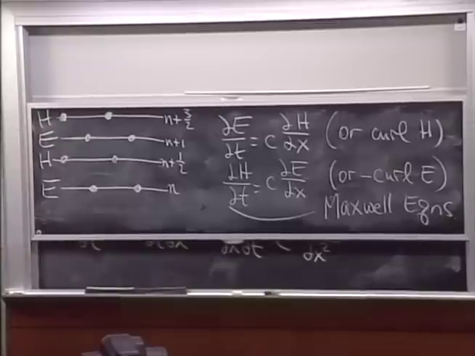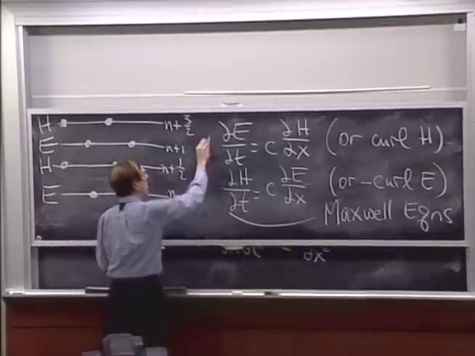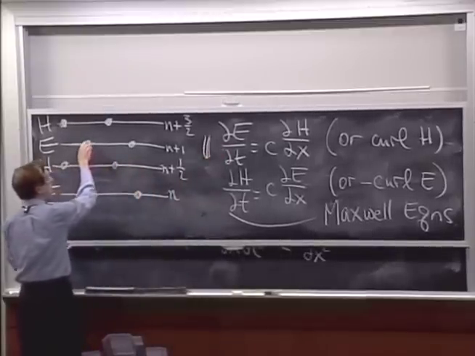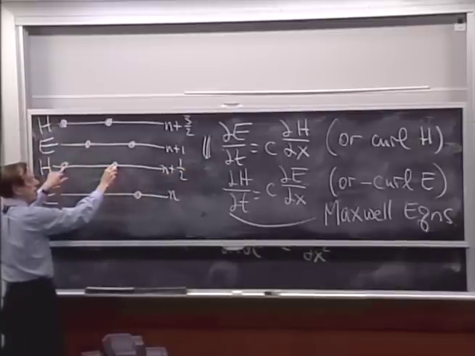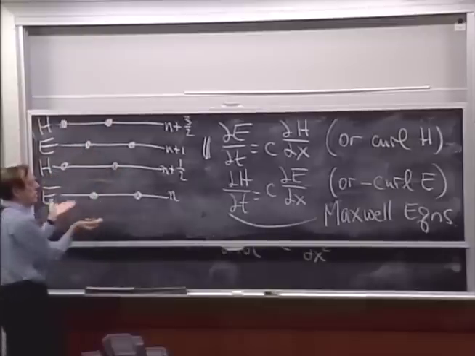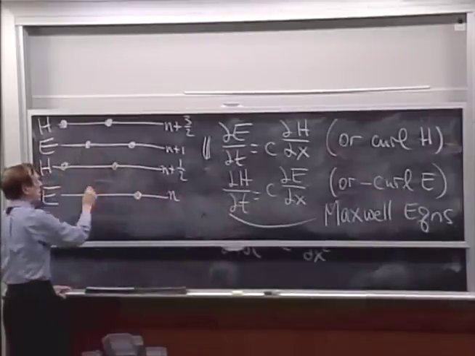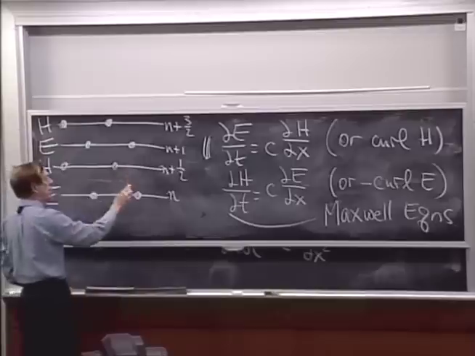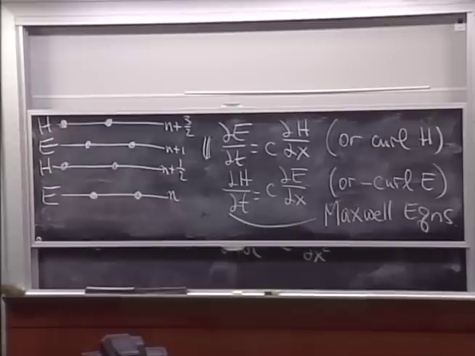And now my difference method, leapfrog, on the staggered mesh will copy, so the first equation will give E at the new time from the difference in H at this time. And so you see it. dE dt is going to be replaced by that time difference. dH dx is going to be replaced by this space difference.